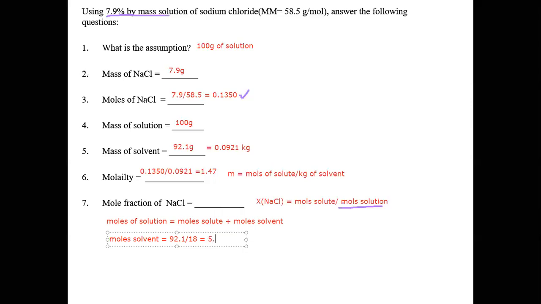And typically the moles of solvent is going to be a lot greater than the moles of solute. So now we have the moles of solvent, we have the moles of sodium chloride, we can find the mole fraction of sodium chloride.